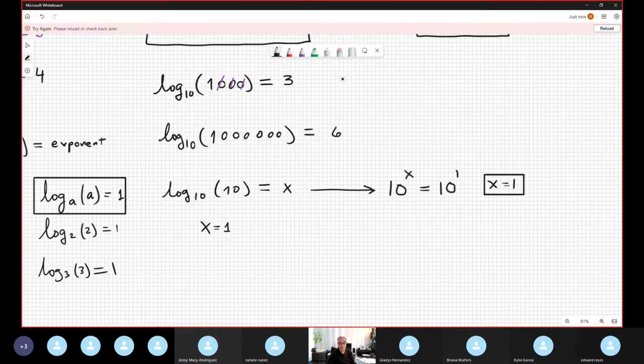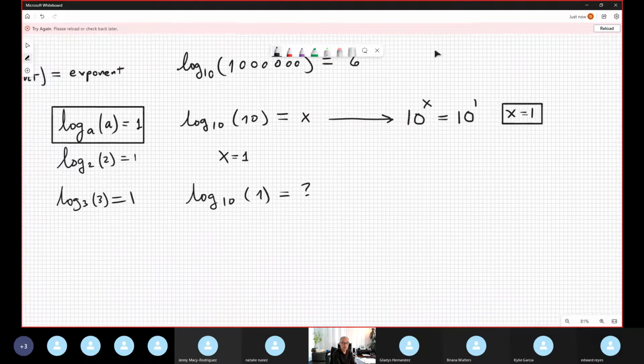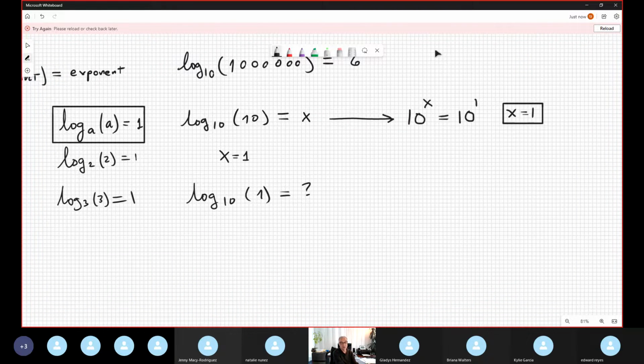And what about logarithm base 10 of 1? Wow, this is very, very weird. No idea? Nobody? See, the intuition failed, no problem. I try to do it the systematic way.